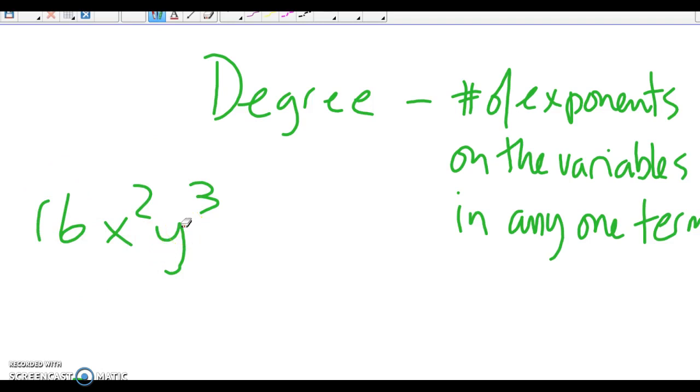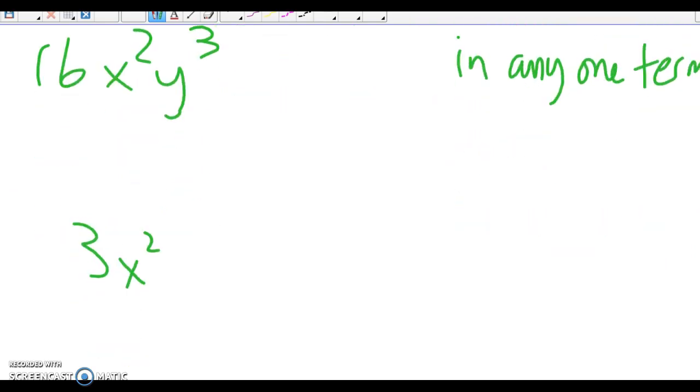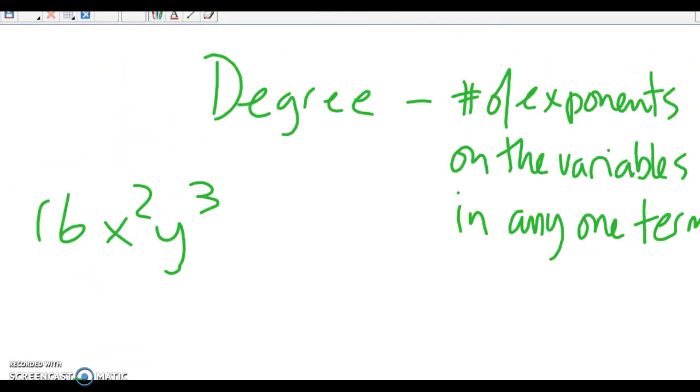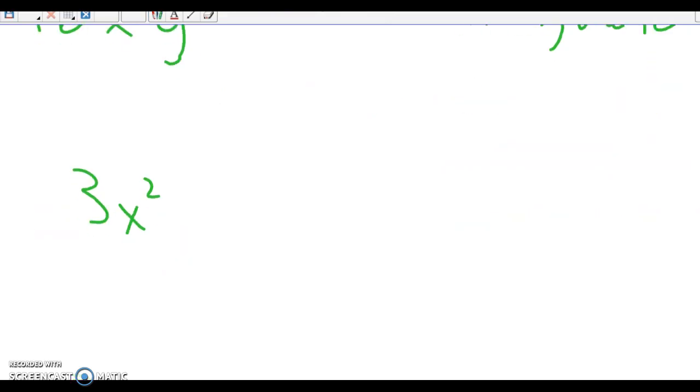There's no pluses or minuses in there, and it has degree 5 because the number of exponents on the variables is 5. So this term would have degree 5. 3x squared has degree 2. That term has degree 2.